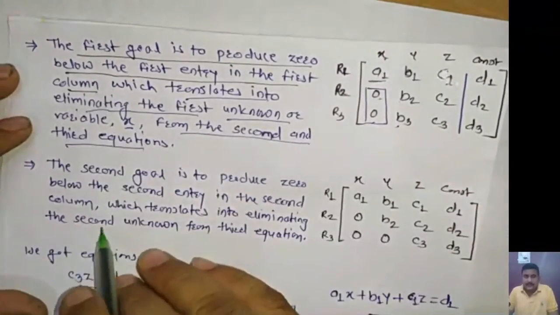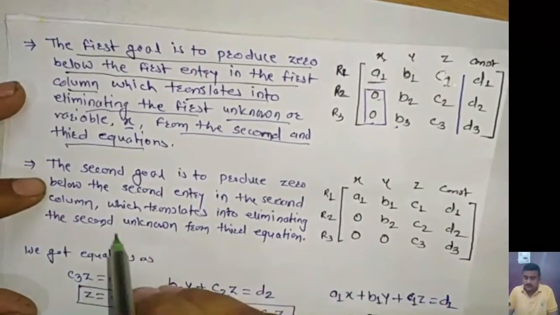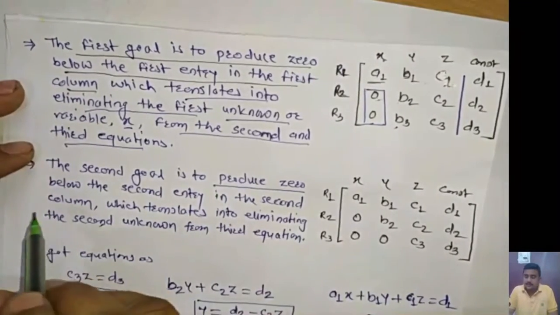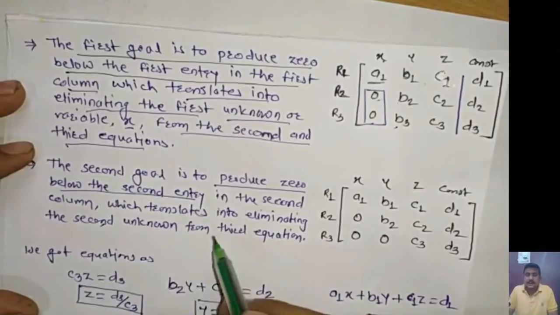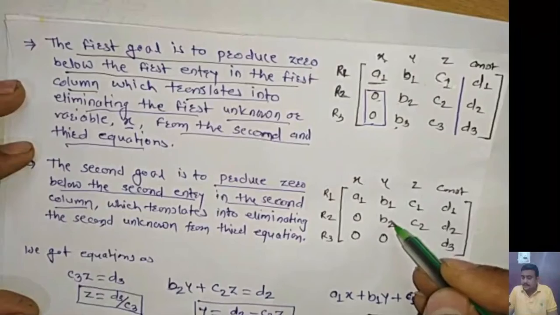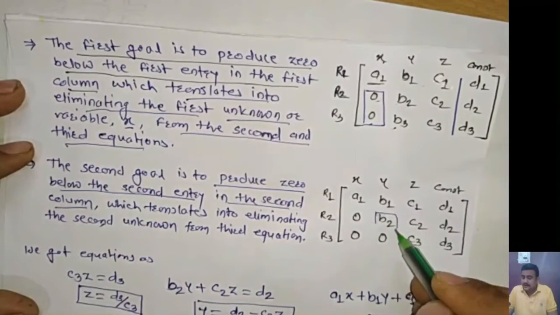The second goal is to produce 0 below the second entry in the second column. This is our second column and this is our second entry.